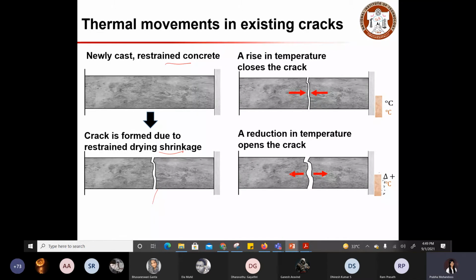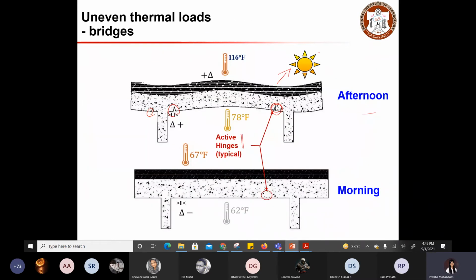Why? Because you observe the movement of the concrete in this portion, and here it moves in this way. When there is a temperature increase, both regions try to move together, and that closes your crack. So this is the reason why you observe active hinge here.